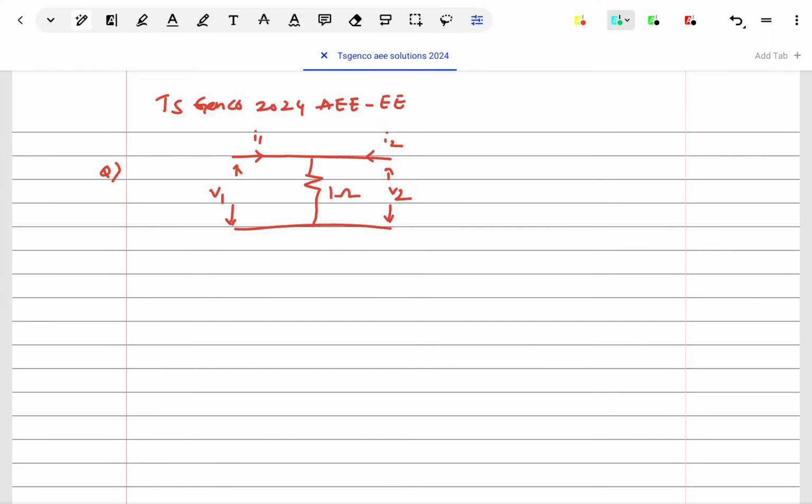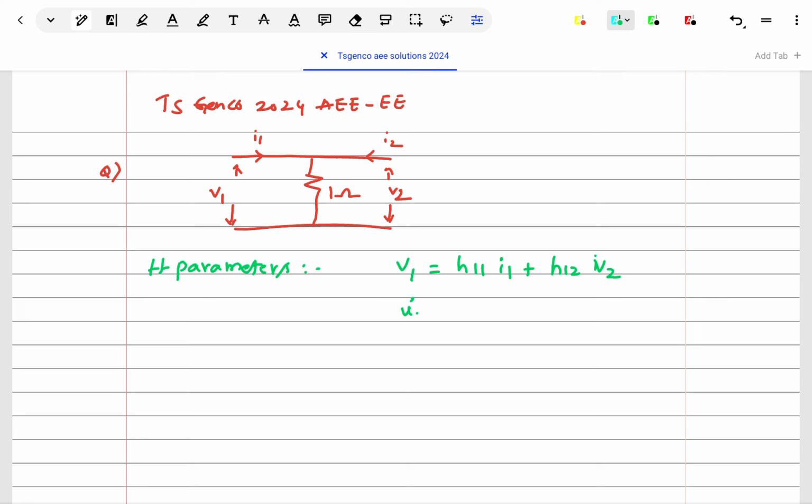To find the H parameters, first of all, what are the H parameter equations? I'll write them down. The equations start with V1 equals H11 into I1 plus H12 into V2.